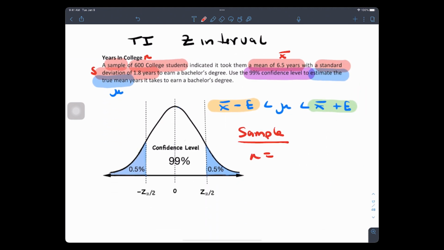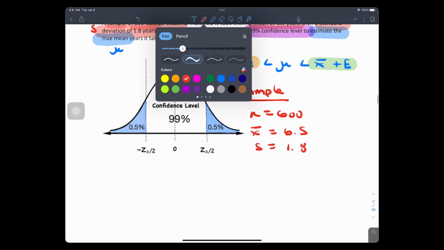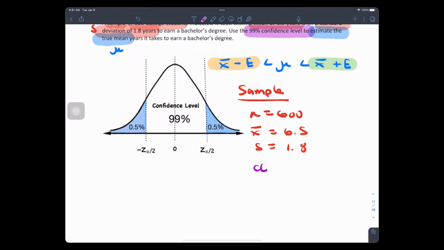N is 600. Sample mean is 6.5. Sample standard deviation is 1.8. What's your confidence level?